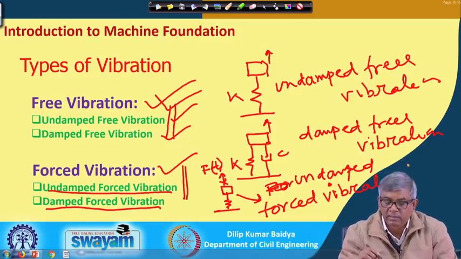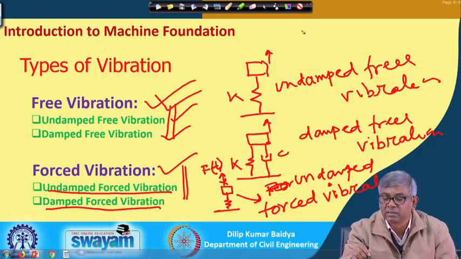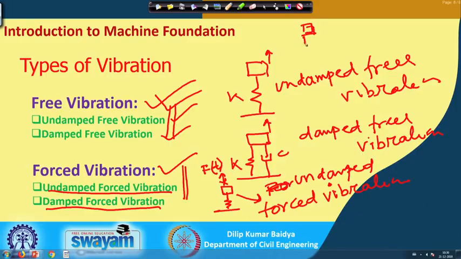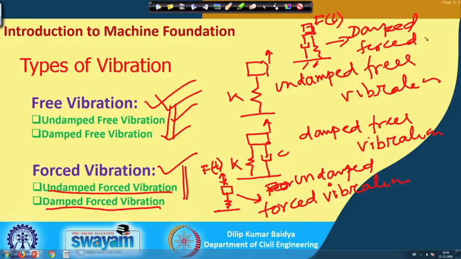Similarly, if I imagine another system with a mass, a dashpot and a spring, and here F(t), then that is damped forced vibration.